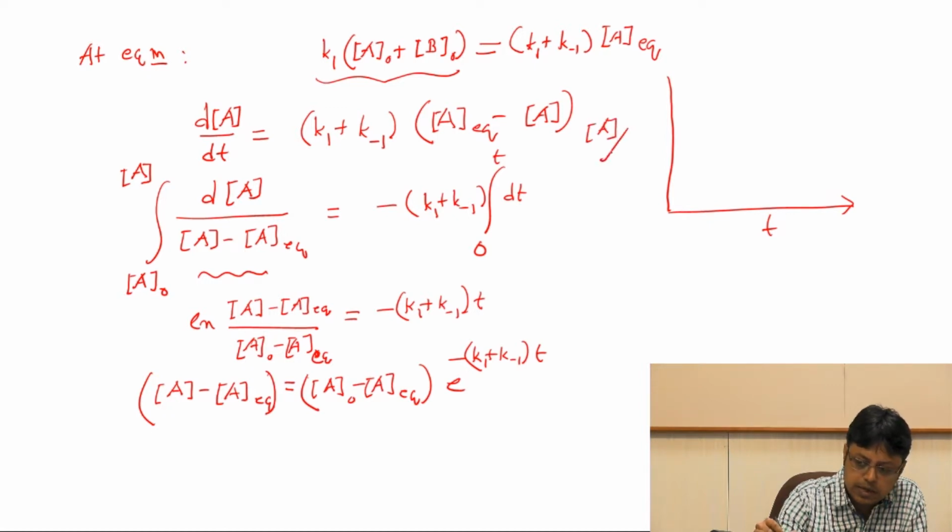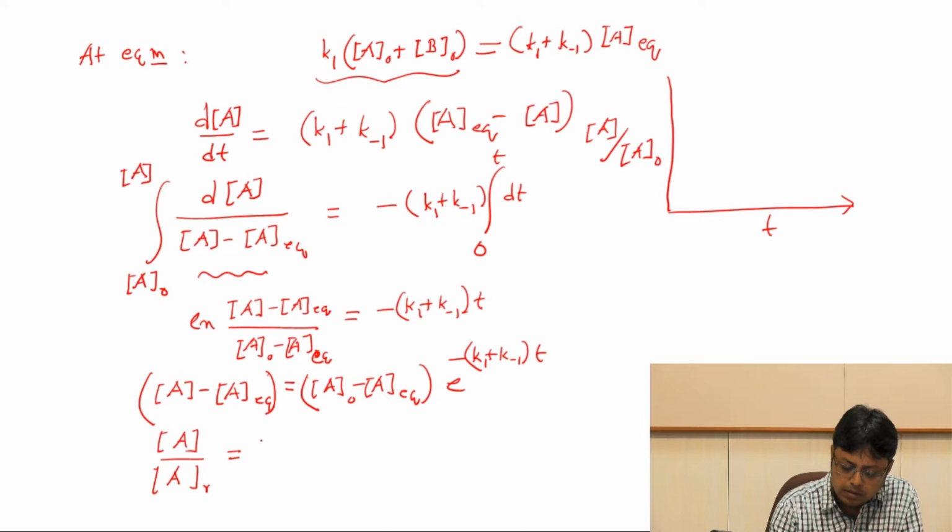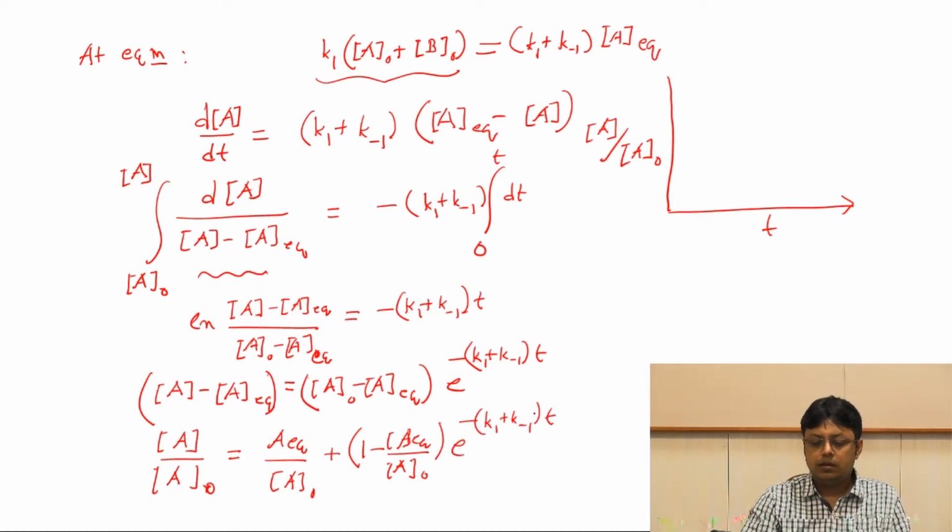So the A by A0 will be nothing but, if I just divide both sides by A0, A by A0 will be nothing but A equilibrium by A0 plus 1 minus A equilibrium by A0 into e to the power minus K1 plus K minus 1 into T. Something like that we can easily figure out.